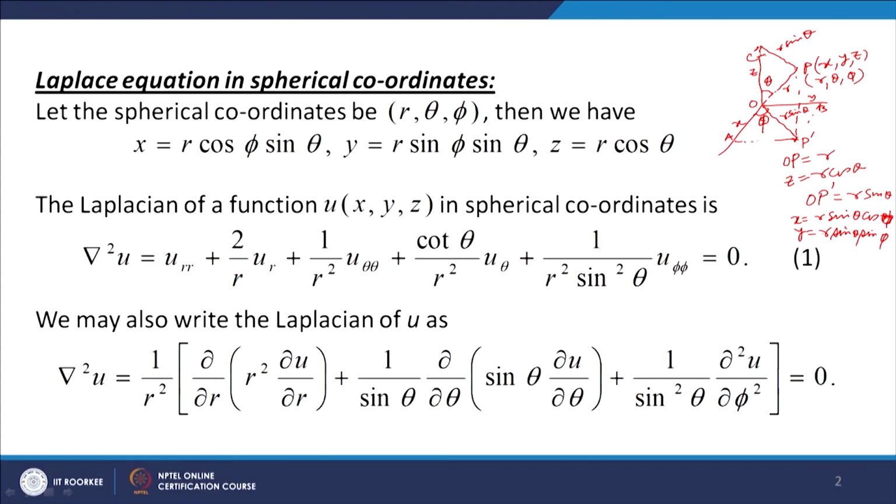And when we find the Laplacian of a function u of x, y, z in spherical coordinates, what we notice is that del square u is u r r, the second order partial derivative of u with respect to r, as usual, plus 2 over r u r, where u r is the first derivative of u with respect to r, plus 1 over r square u theta theta, the second order partial derivative of u with respect to theta, plus cot theta over r square u theta, the first order derivative of u with respect to theta, plus 1 over r square sin square theta u phi phi, the second order partial derivative of u with respect to phi.